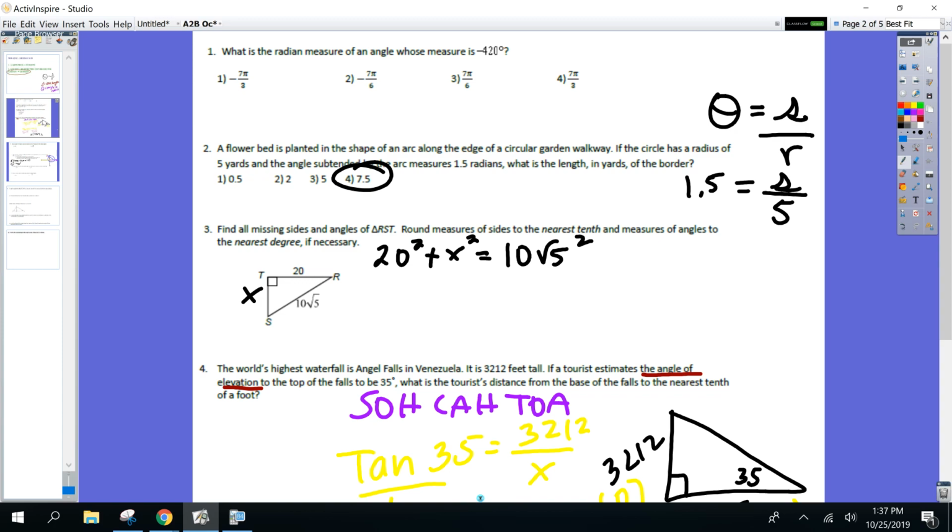If you try to plug that into your calculator, it's going to be an incorrect answer. Anybody know why? If you type that exact thing, what I have up here, what's your calculator going to square only? It's just going to square the square root of 5, and that's it. What do I want to square? The whole darn thing.